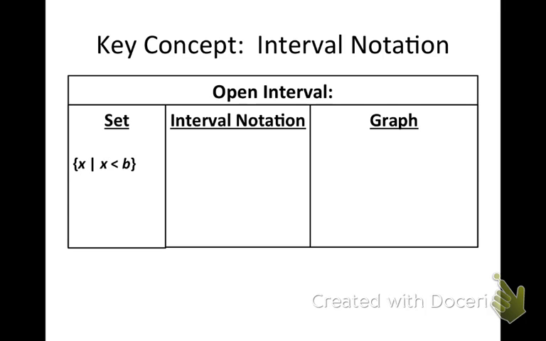But now we're going to make it fancy and be able to write it in set notation and in interval notation and then make the graph with the appropriate marking. So I'm going to do the graph first. We have our number line. Here's our b. Is my graph going less than or greater than in this case? Less than. So I'm going to turn my parenthesis so it's facing the less than direction and shade my arrow to the left.